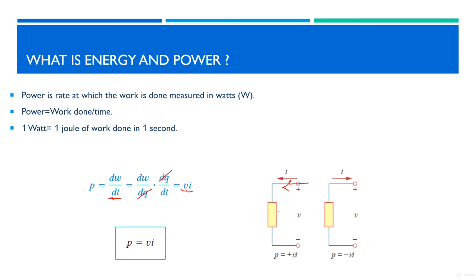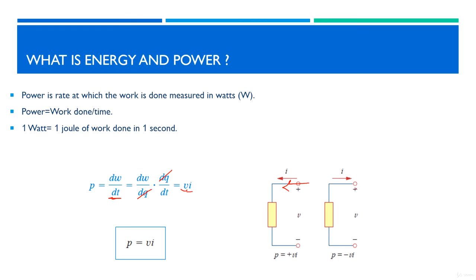It means that this element is absorbing power, such as an electric bulb, which absorbs power to produce light and heat. So the power here is equal to the voltage multiplied by the current with a positive sign. Why? Positive here means that we are consuming energy, or consuming power.